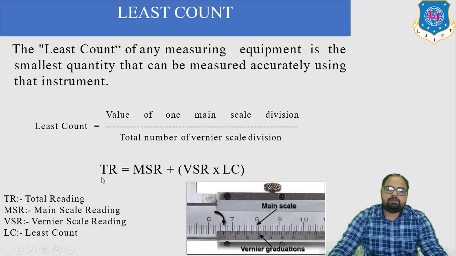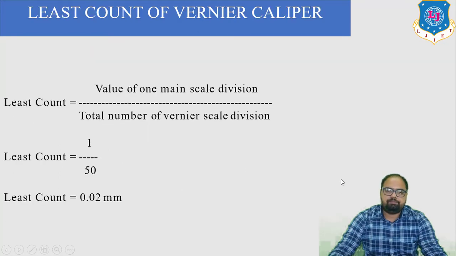TR means total reading, MSR means main scale reading, VSR means vernier scale reading, and LC indicates the least count of the vernier. This is the main scale, and the movable part is the vernier scale. The value of one main scale division is 1 mm, and the total number of vernier scale divisions is 50. So 1 by 50 is equal to 0.02 mm. The least count of the vernier caliper is 0.02 mm.